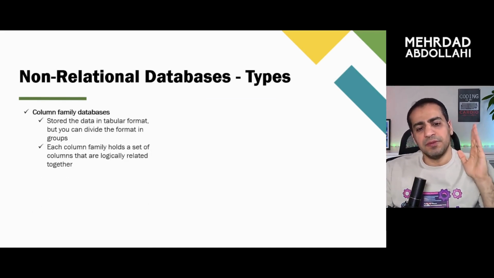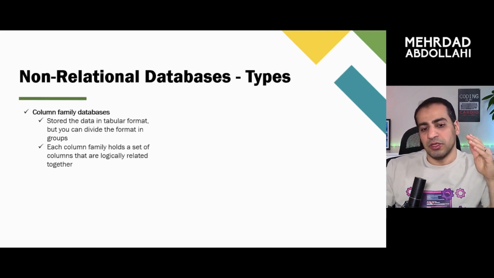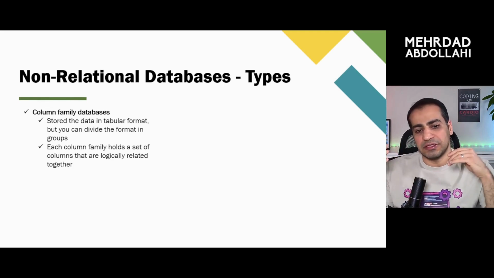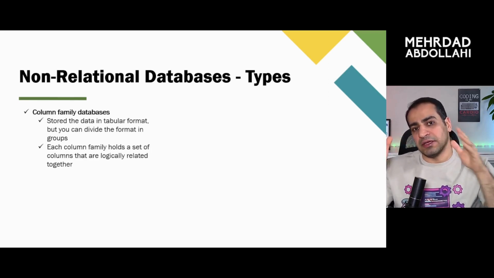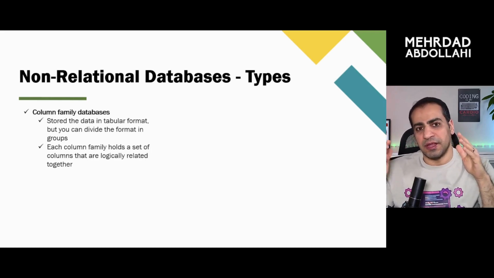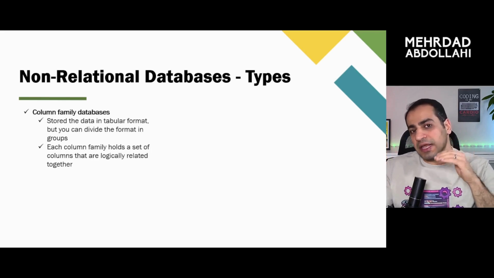The next type of non-relational databases is column family databases. Basically the data is stored in a tabular format, but you can divide the columns into groups that are logically related together.